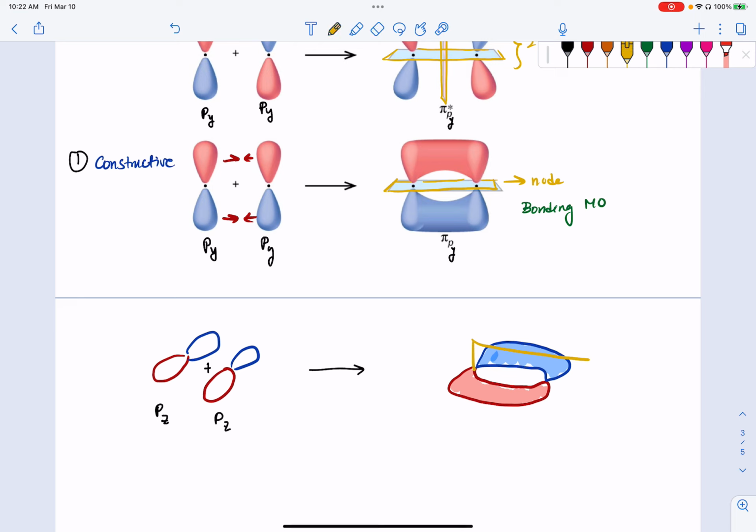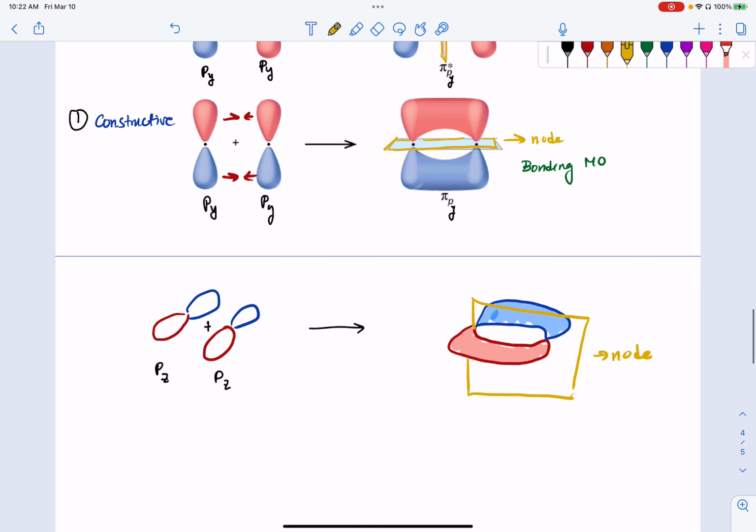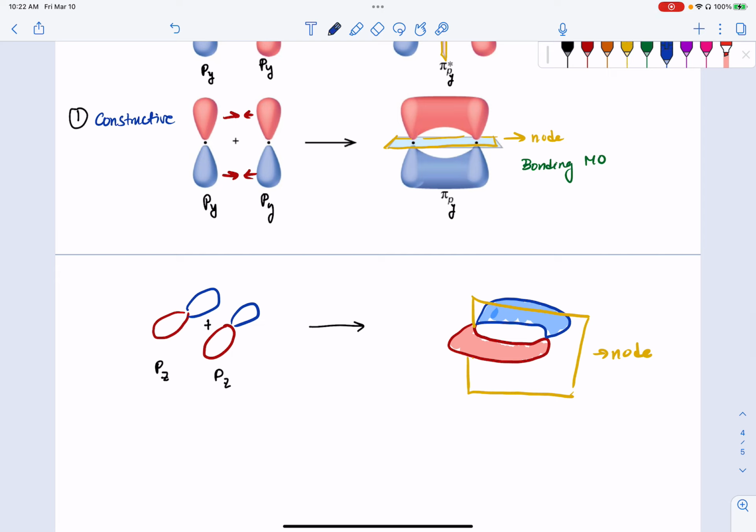And let me fix our little geometry here, if that's any better, not quite sure. So this is our new planar node. And this forms our pi pz bonding MO.